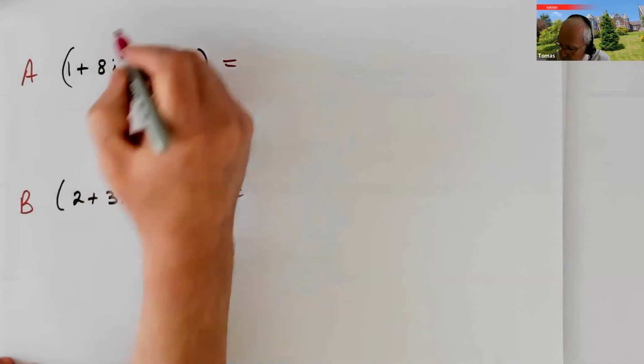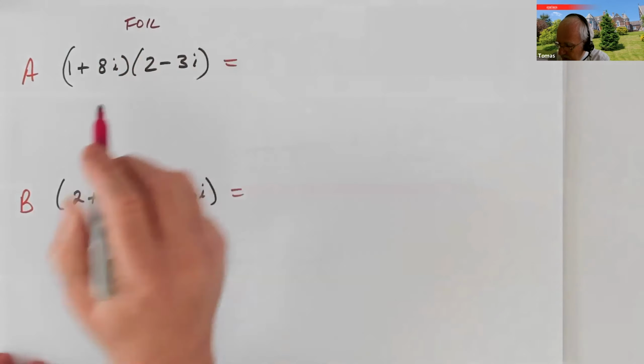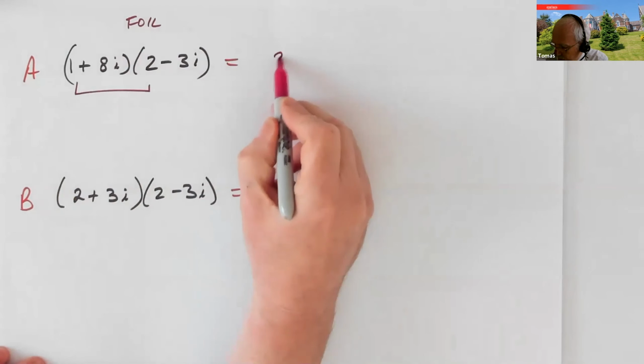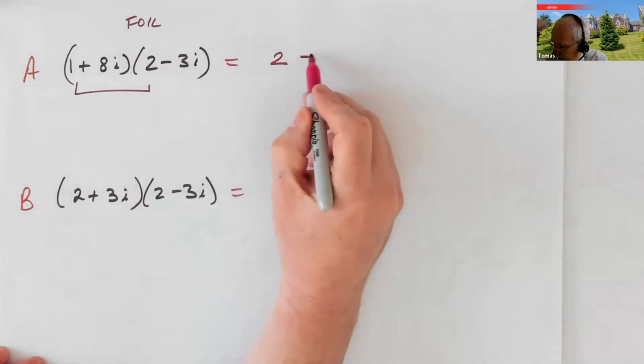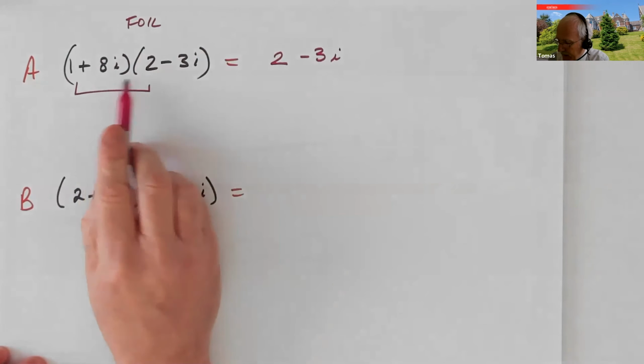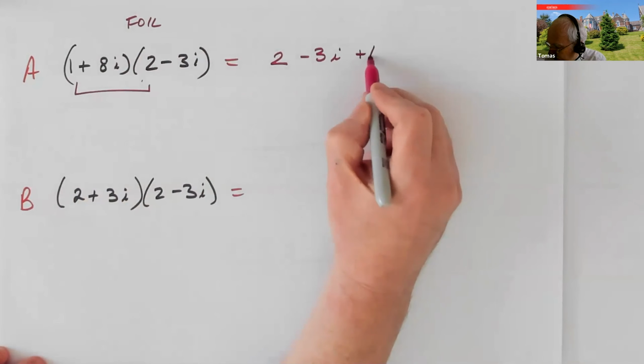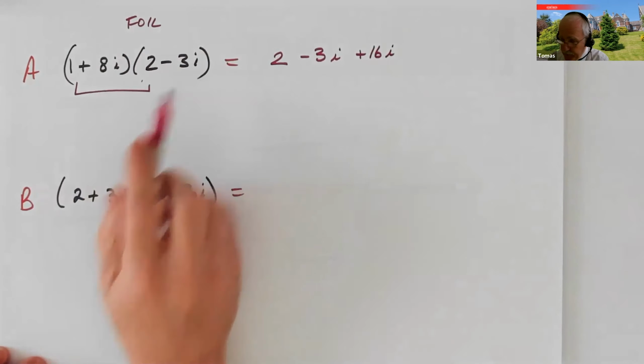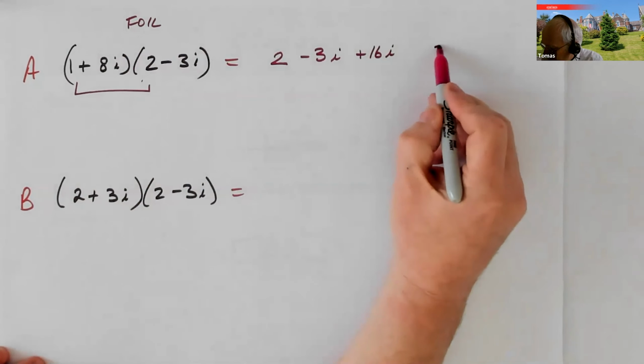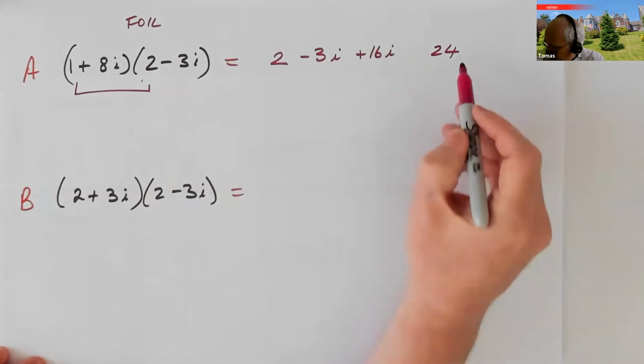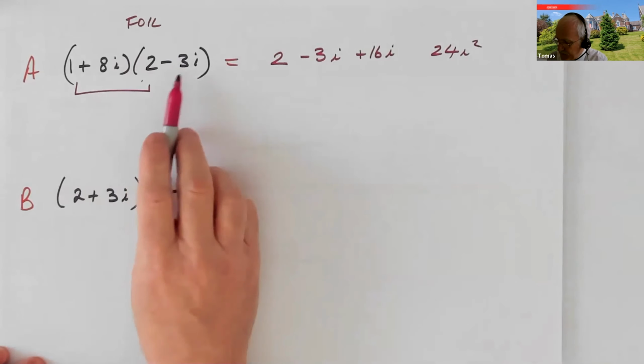Okay, so using the FOIL method, 1 by 2 is 2, 1 by minus 3i is minus 3i, 8i by 2 is 16i, 8i by minus 3i is minus 24i squared.